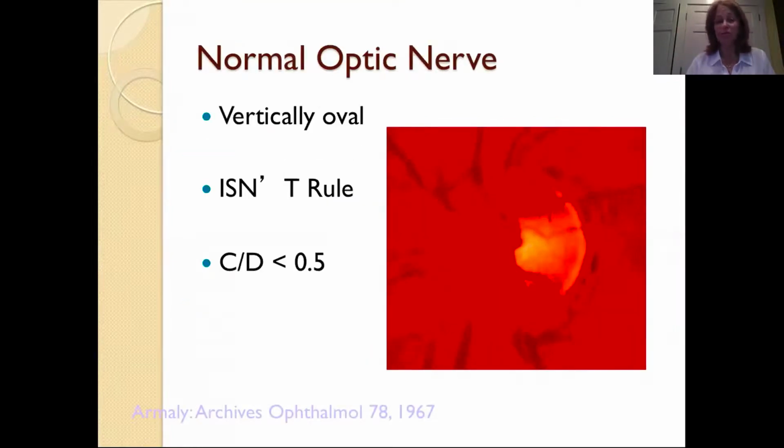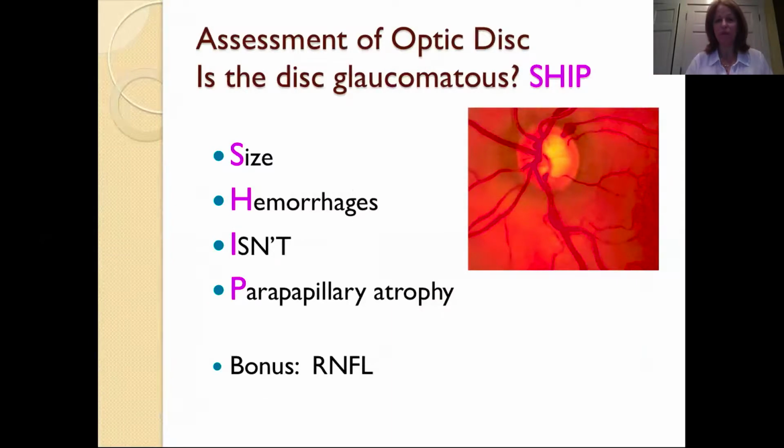The normal optic nerve, as I mentioned, is vertically oval, and the most characteristic pattern, but this is not true for every optic disc, follows the ISNT rule. The ISNT rule says that the thickest rim is the inferior rim, the next thickest is the superior rim, then the nasal, and the thinnest is the temporal rim. Most optic nerves, but not all optic nerves, have cup-to-disc ratios of less than 0.5.